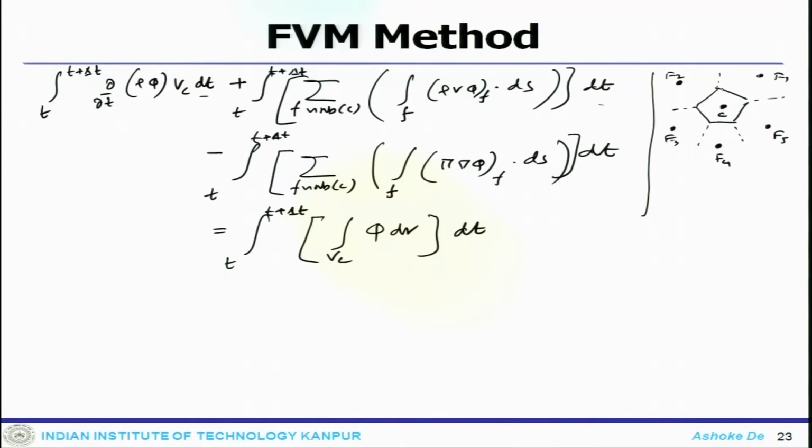Now, essentially all this integration is done over an element, and then from here you get back the linear system, and from the linear system you finally solve the problem of the linear equation.